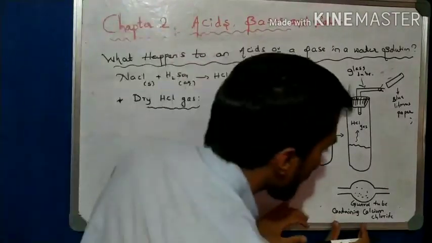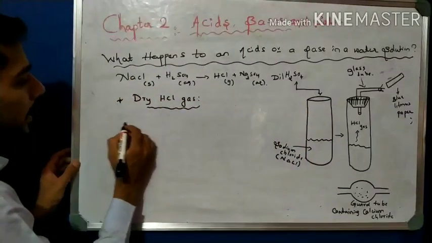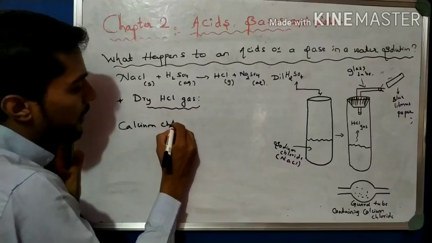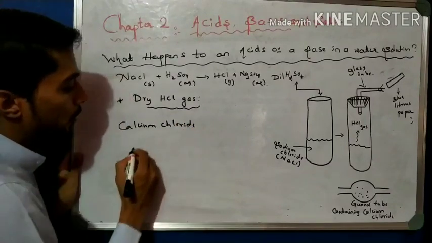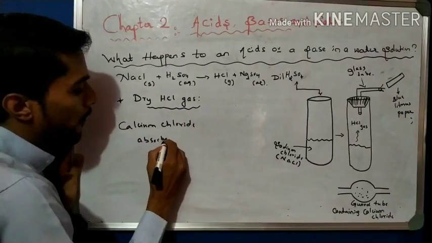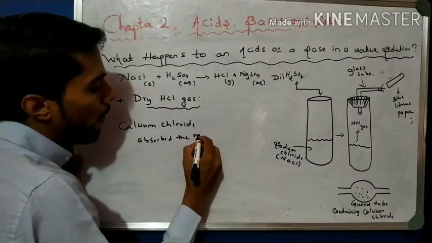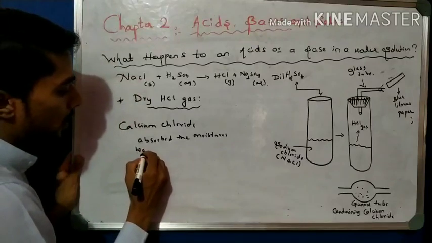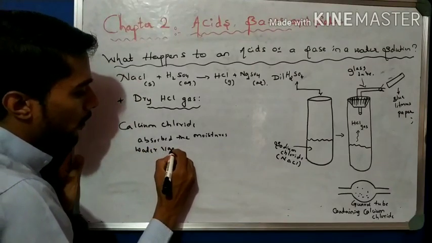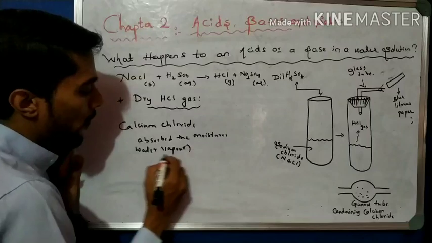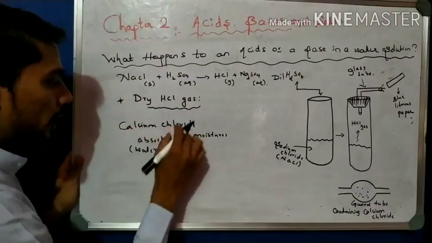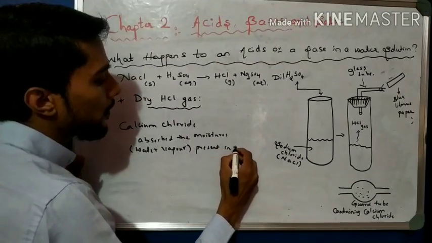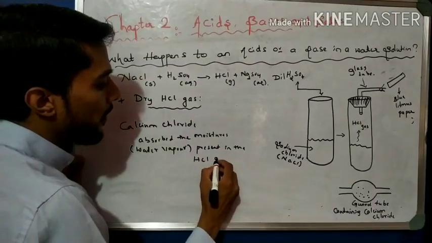Okay, so what is the function of calcium chloride? So I write here: calcium chloride absorbs the moisture, that is, the water vapor present in the HCl gas.